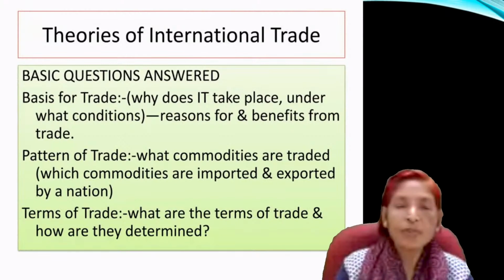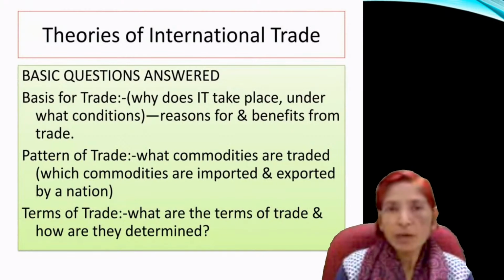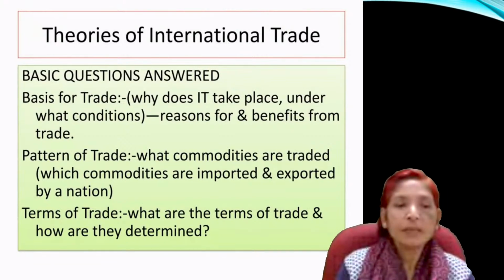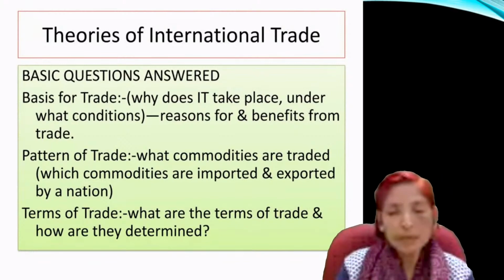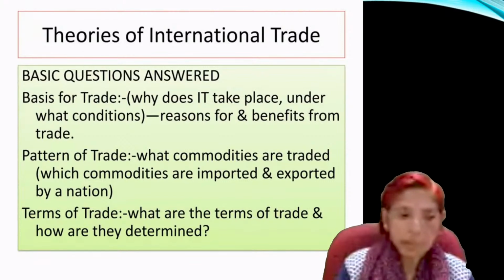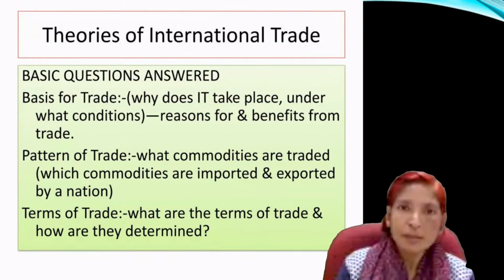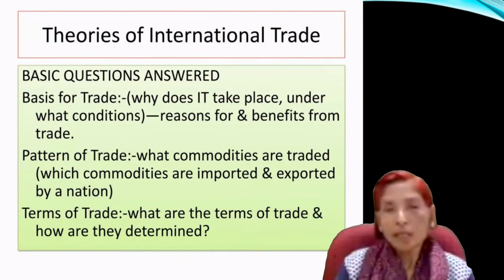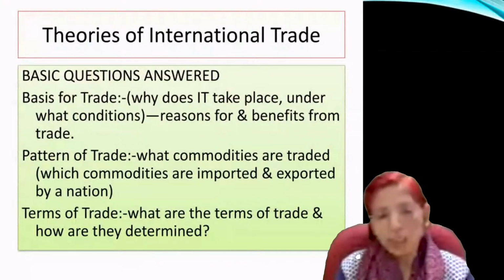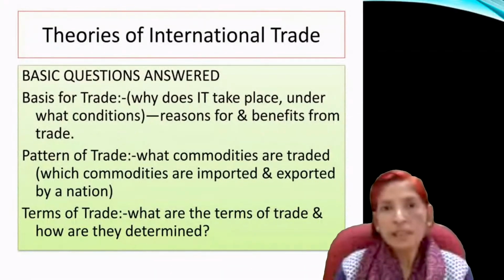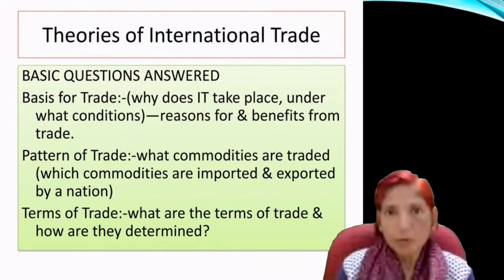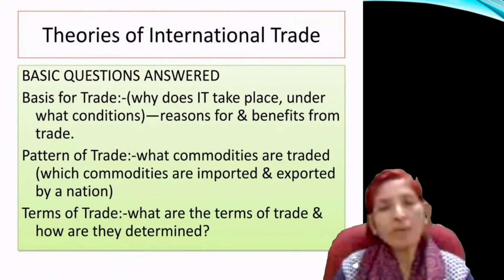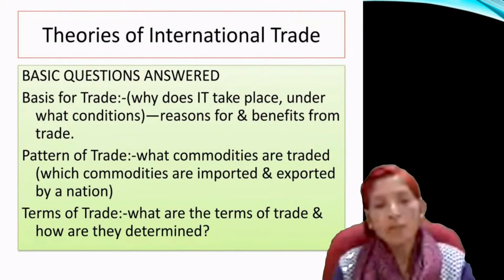What types of goods and services are we exporting or importing to and from the rest of the world? What commodities are traded, which commodities are imported and exported by a nation? And what are the terms of trade? Terms of trade generally tell us about the price of exports relative to the price of imports. It is the ratio of the export price index and the import price index, or prices of exports divided by prices of imports multiplied by 100.